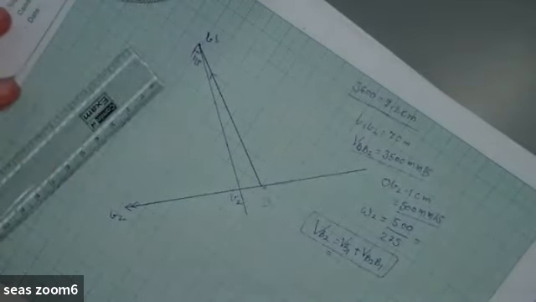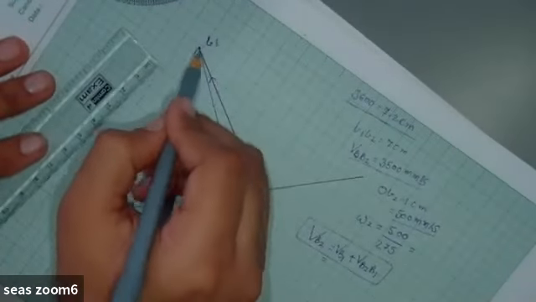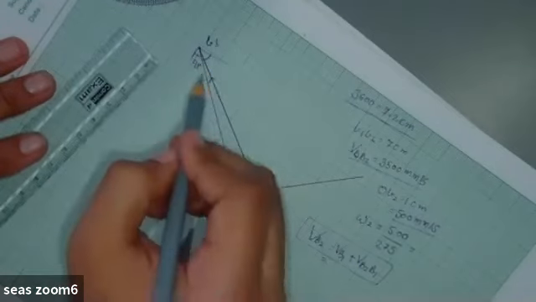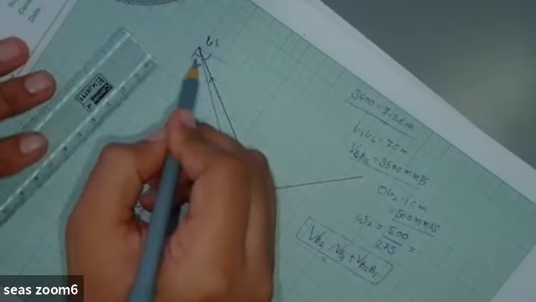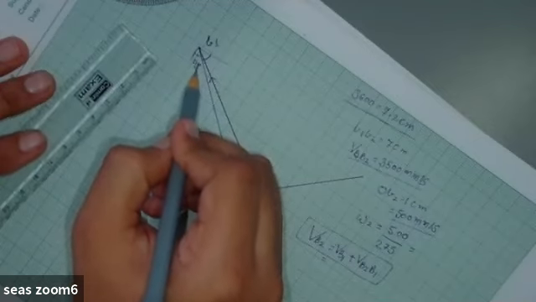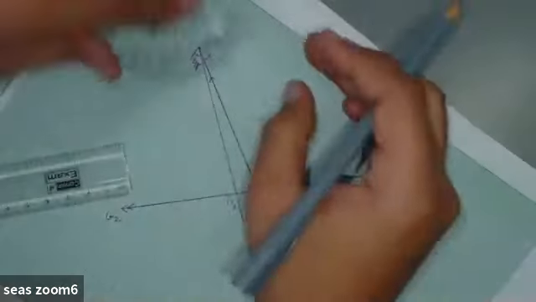So I think there has been some mistake. This angle should not be 49. Actually, this angle should be 90 minus 49, so this angle should be 41 degrees. So again, we need to draw another one.